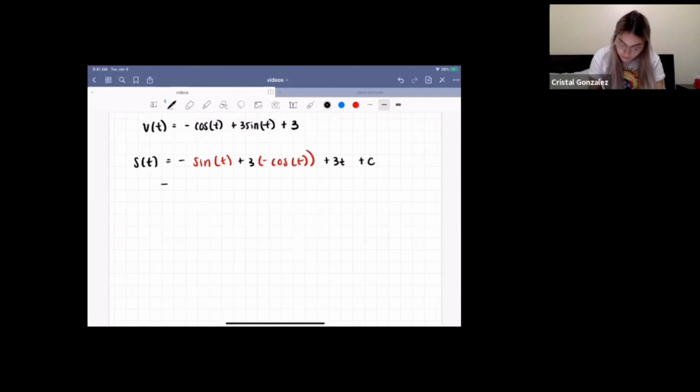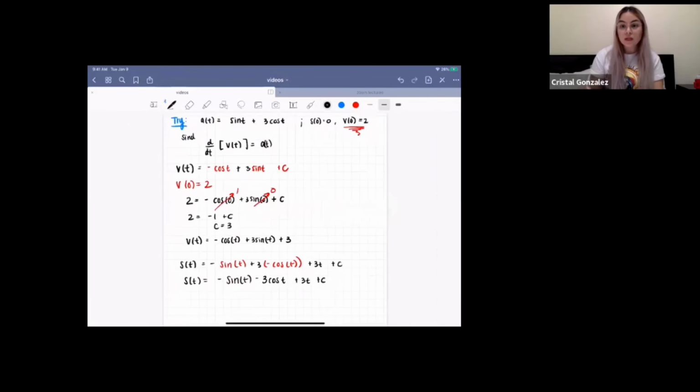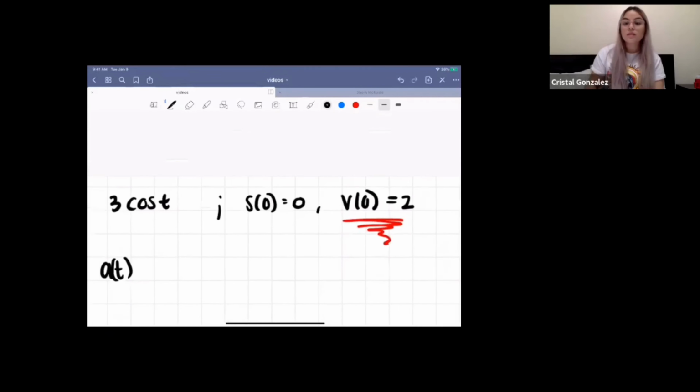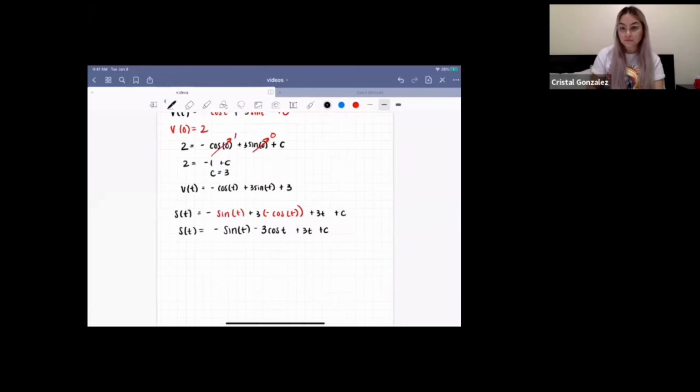Okay, so now from here, let me rewrite this so it's all nice. So then we get negative sine t minus 3 cosine t plus 3t plus c. And now we want to use what we got here, which was s of 0 is equal to 0.